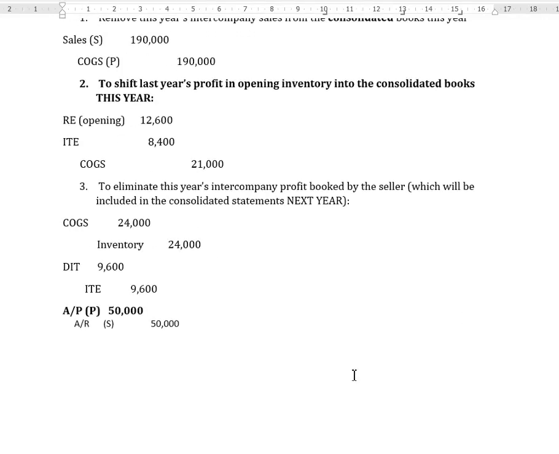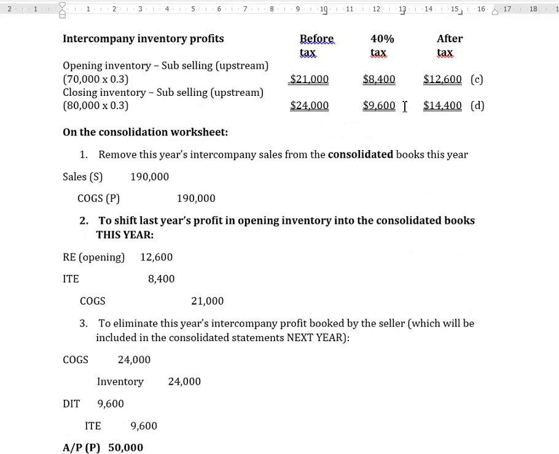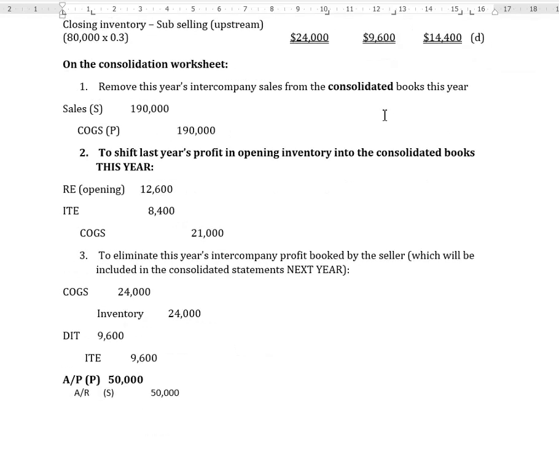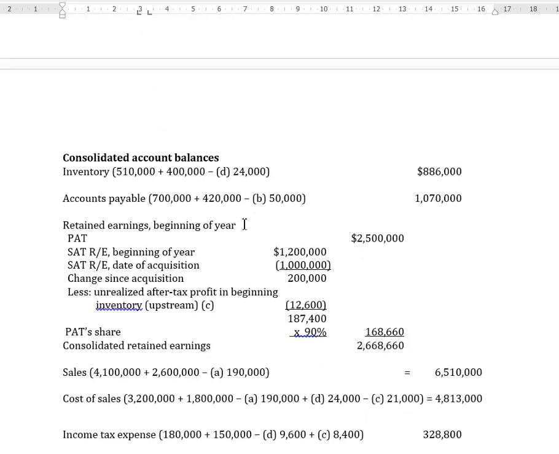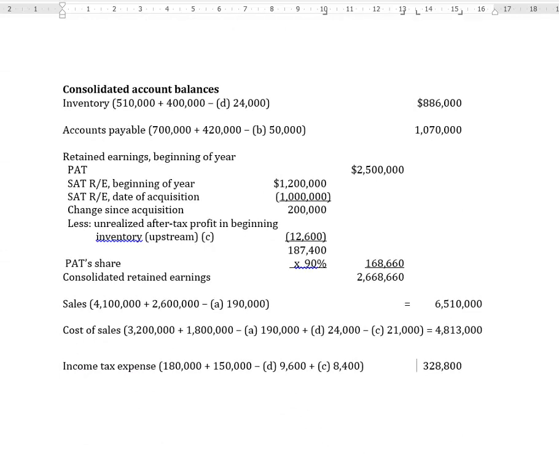So if you go back up here, you can see we've got this in our chart, our table, to analyze the profits right here, that line, and we've also got the profit shift happening here. So this is your tax expense adjustment of $8,400 coming in because we booked the gain, and that's going to give you $328,800.